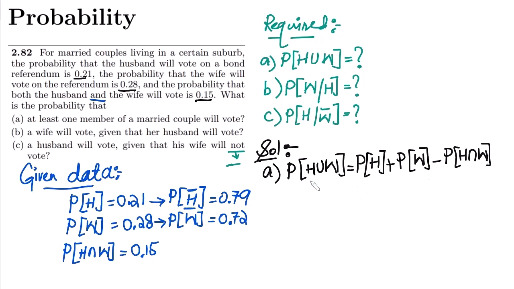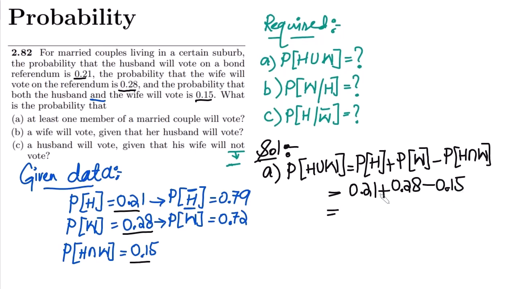The probability that the husband will vote is 0.21, the probability that the wife will vote is 0.28, minus the probability that husband and wife will vote, which is 0.15.